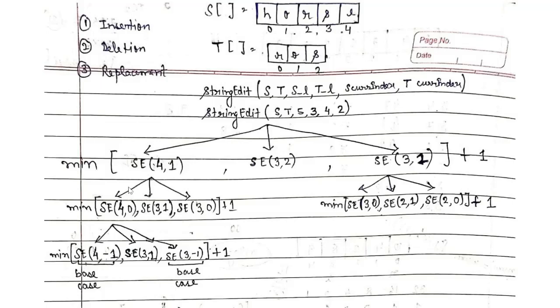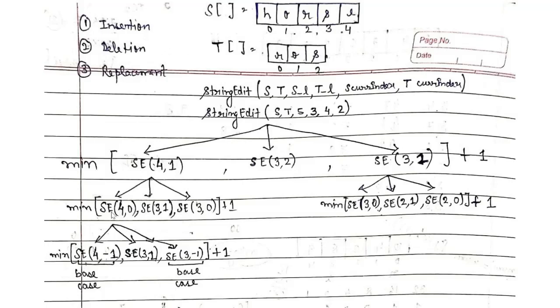So if we branch out, say for this SE4,1, what would it be doing? This is insertion, deletion, replacement. In the case of insertion, I would be doing the same thing, SE4,0, the same as what I did over here. If you want to see how this 4,1 came from this 4,2, please rewind the video and check it once. So the same thing I would be doing over here.